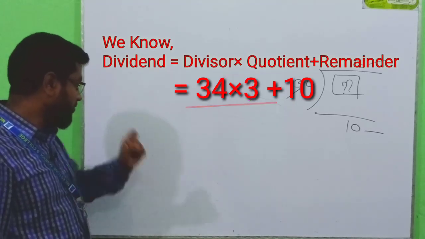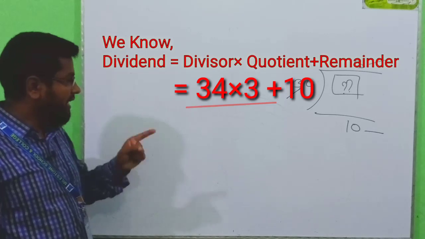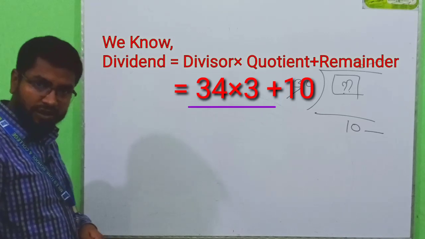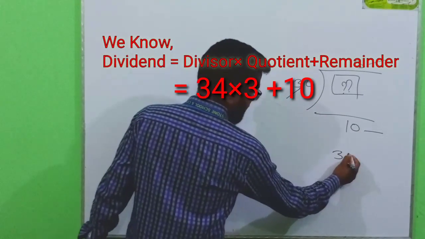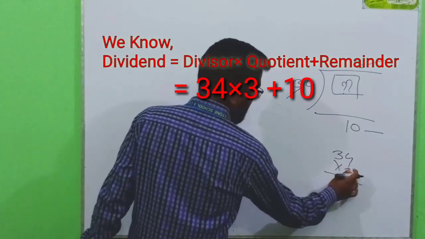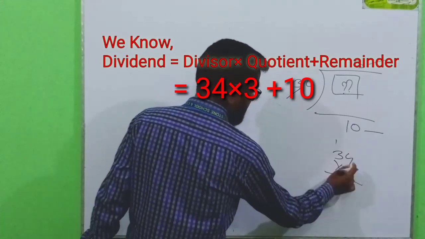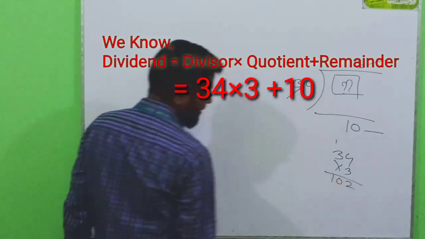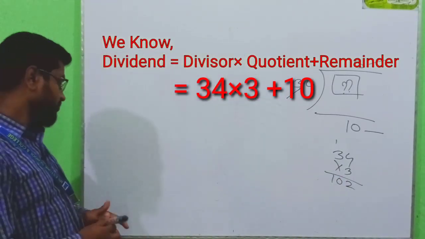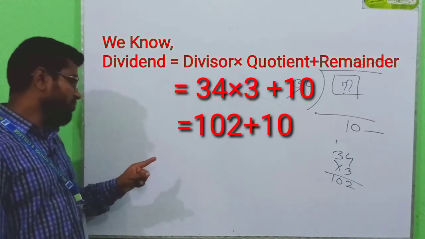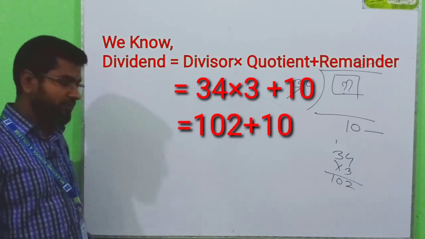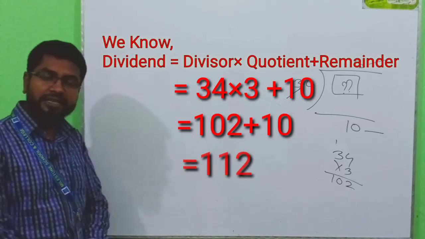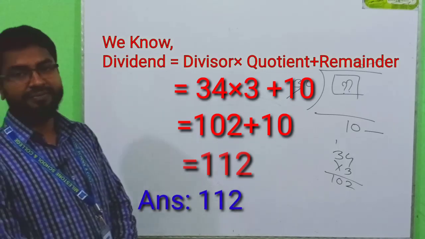If we multiply, what will we get? 34 multiply 3. If you need, you can do rough work. 34 multiply 3. 3 4s are 12. 1 is carrying. 3 3s are 9. 9 and 1 is 10. So 102. So next line, 102 plus 10 equals 112. Answer is 112. Okay.